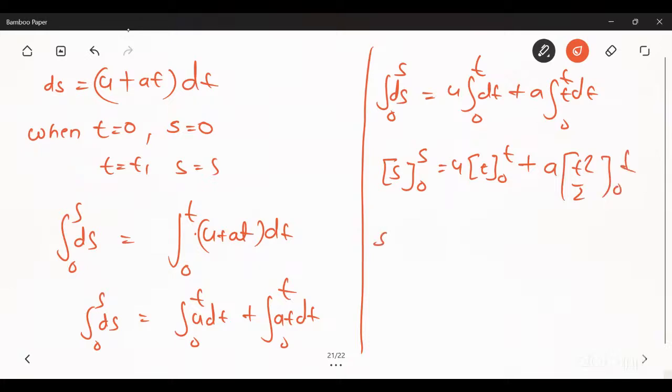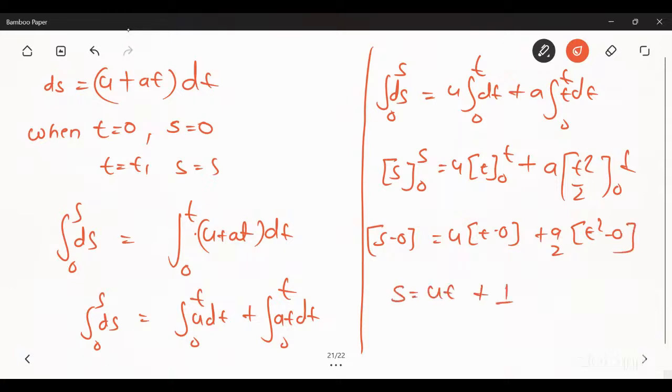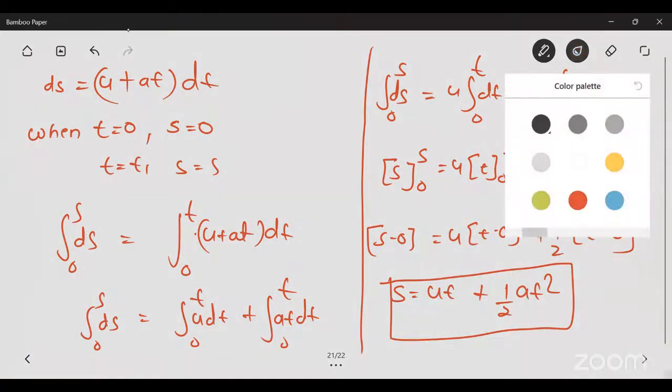Now if we put s minus 0, ut minus 0 plus a by 2 into t square minus 0 square. So s is equal to ut plus half at square, which is the second equation of motion. That was your second equation of motion.